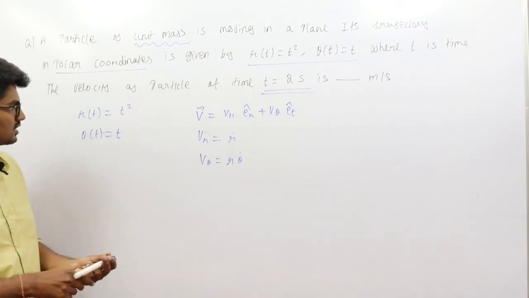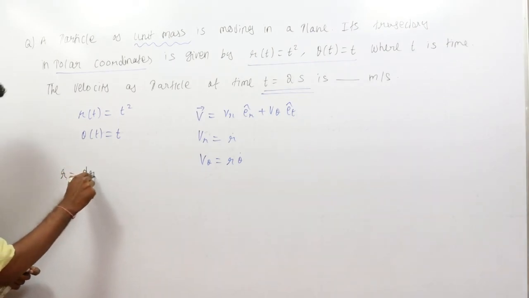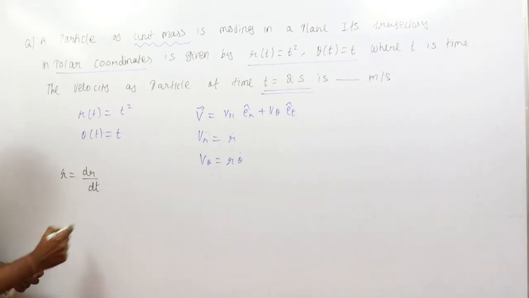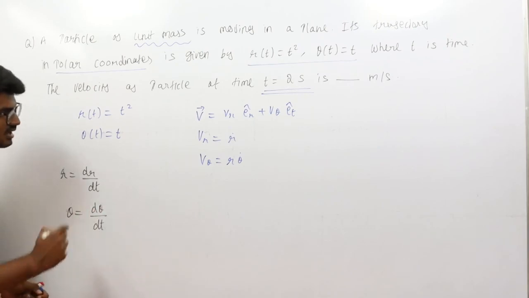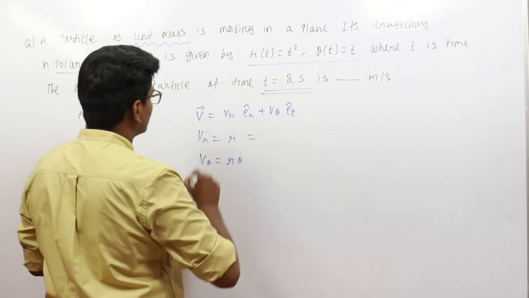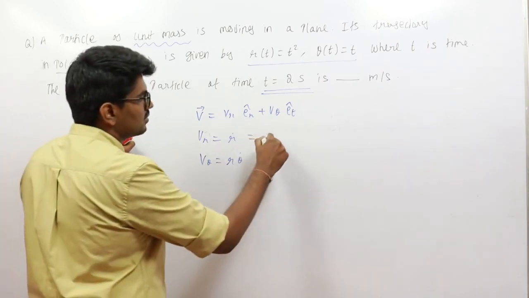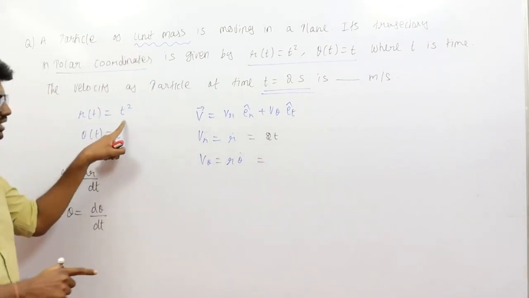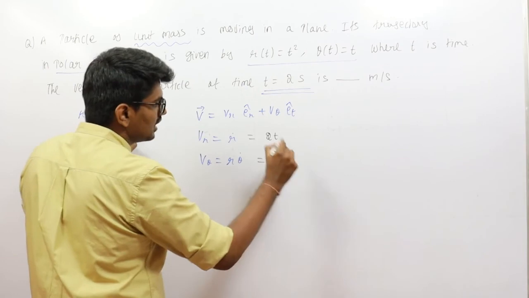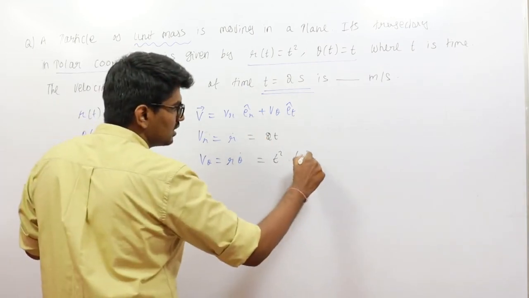Now r dot is nothing but dr by dt, and theta dot is nothing but d theta by dt. So Vr is one time differentiation of r, that is 2t. V theta is r, which is t square, into theta dot, which is 1.